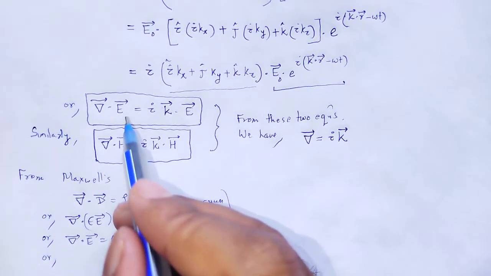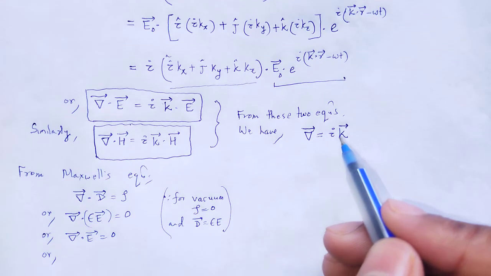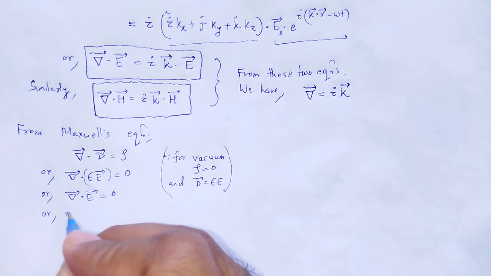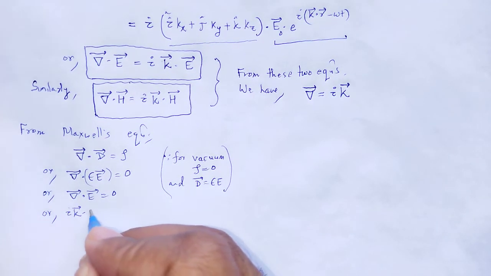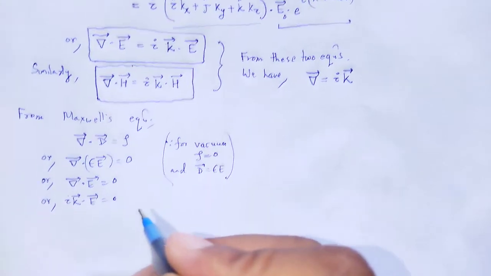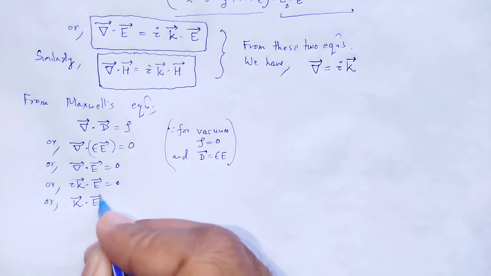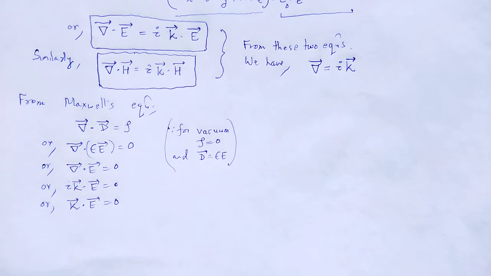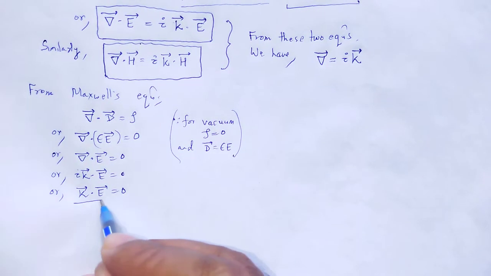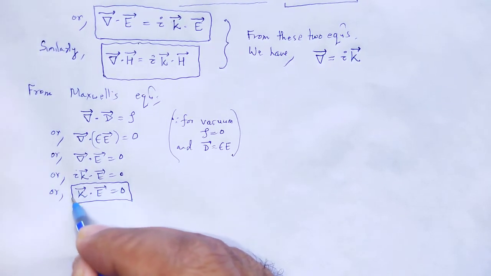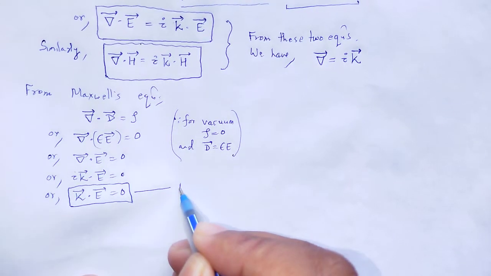In place of grad, we can use i k vector, so k vector dot E vector is 0. This is equation number I.